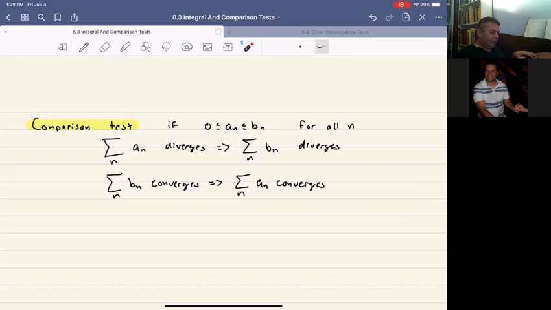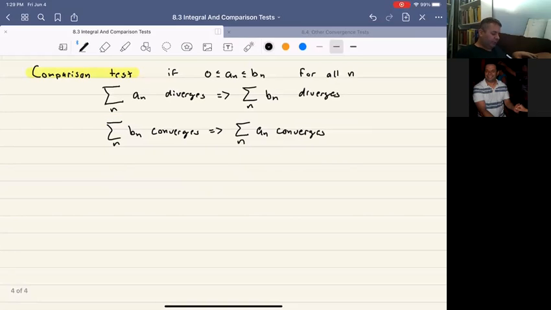So let's take a look at the sum, n goes from 2 to infinity, n cubed over n to the fourth minus 1.